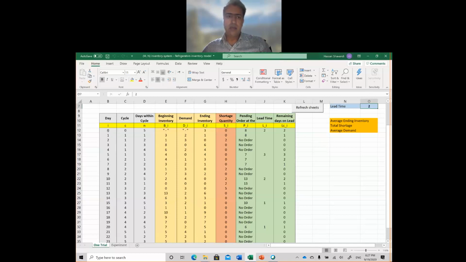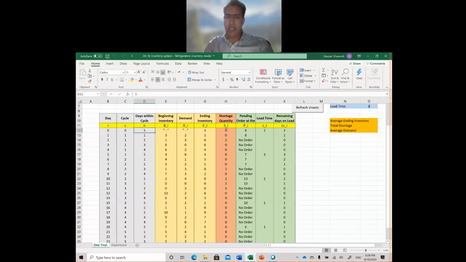For day 0, we have the initial setting, which is the end of the 5th day of the previous cycle. As you see here, the day within the cycle is 5.